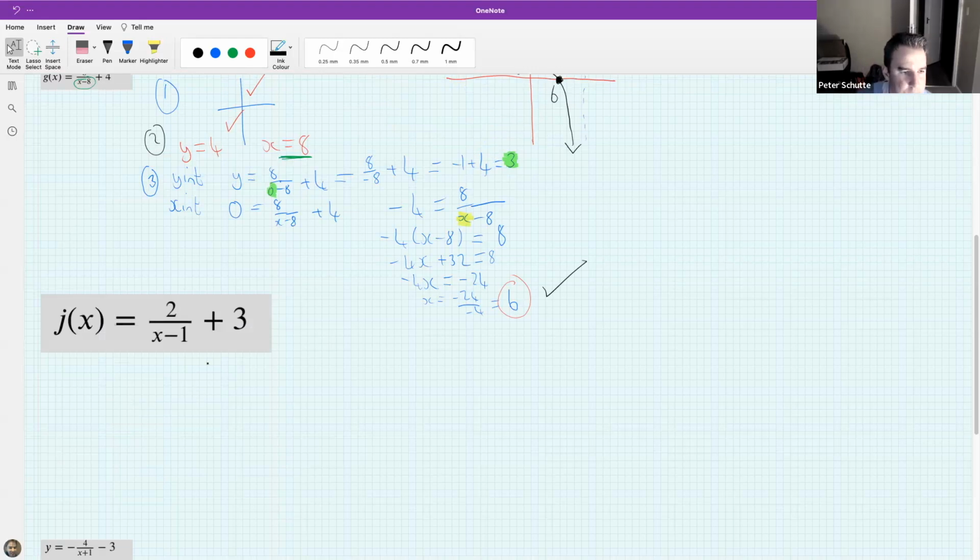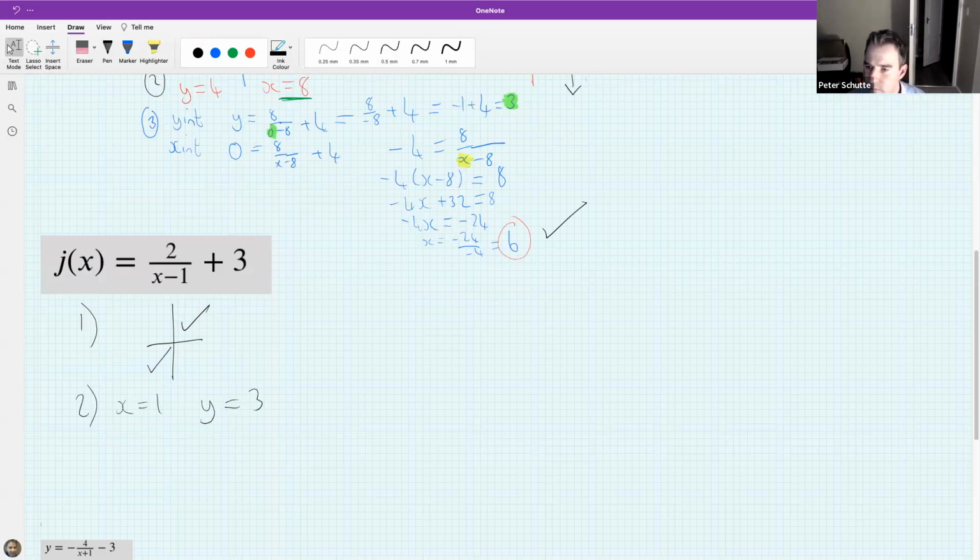Step 1, we have to be in those quadrants. Step 2, my asymptotes are at that point. Peter, just in case you missed it, there was a question in the chat asking to explain how to find asymptotes.